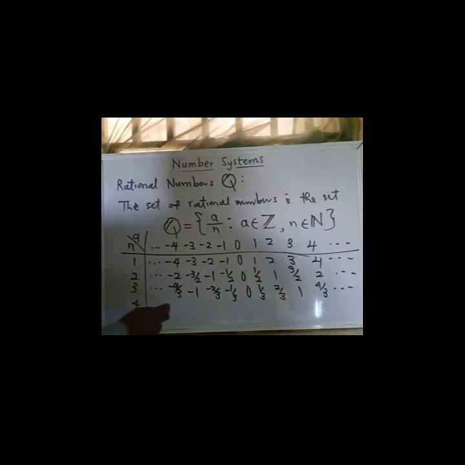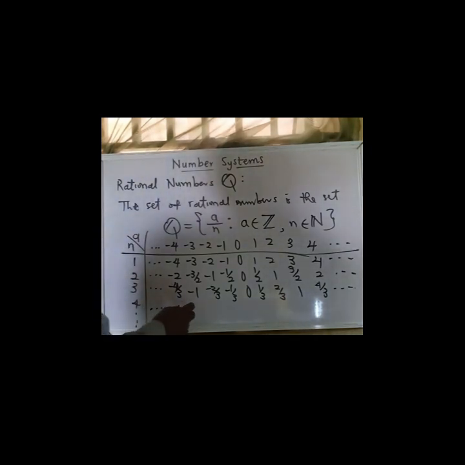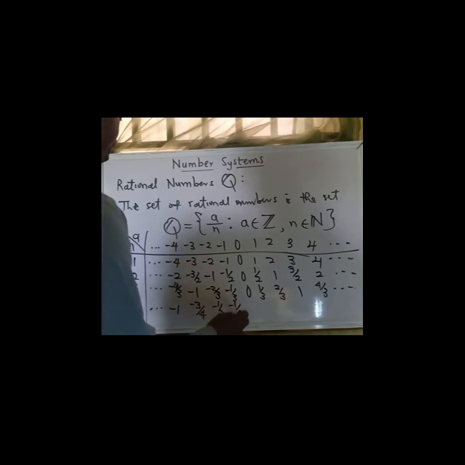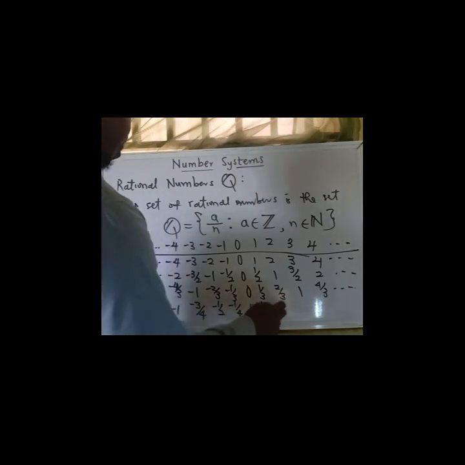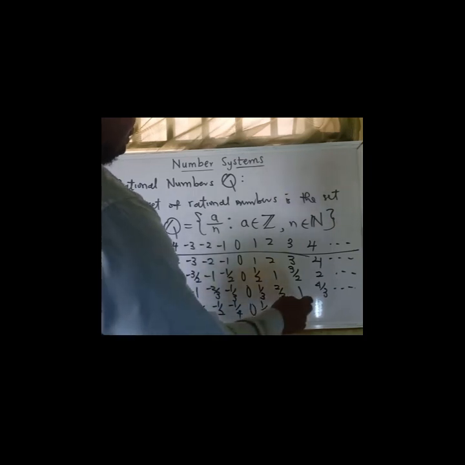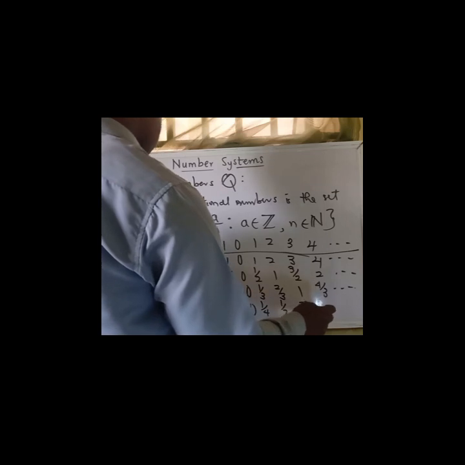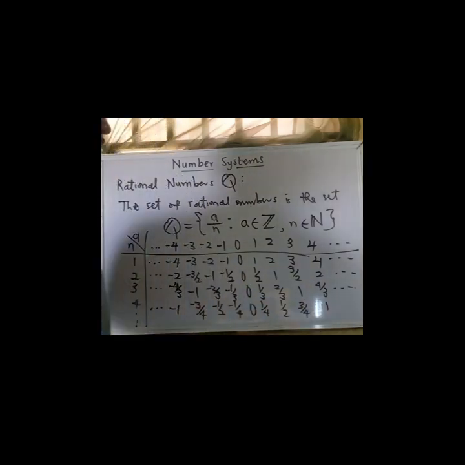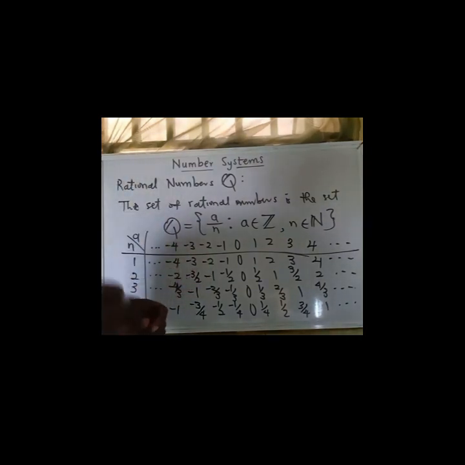Again, we have -1 here, and -3/4, -1/2, -1/4, 0, 1/4, 1/2, then 3/4, then 1. So these are some of the few elements in this set, as we can see.